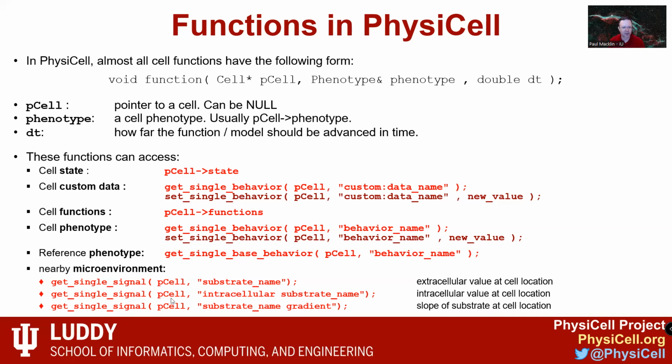Or get single signal for my intracellular substrate name, so my internalized value, or get single signal with my cell and then my substrate name gradient. So this could be get the cell's oxygen, the cell's intracellular oxygen, the cell's oxygen gradient, and that will give you the slope. So you can access a lot of information pretty easily from the microenvironment using these libraries and dictionaries.